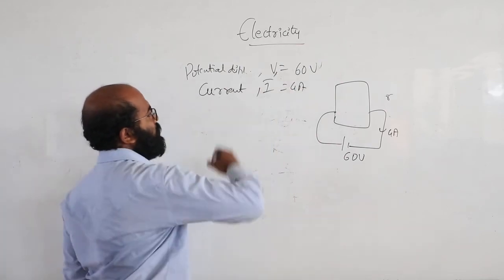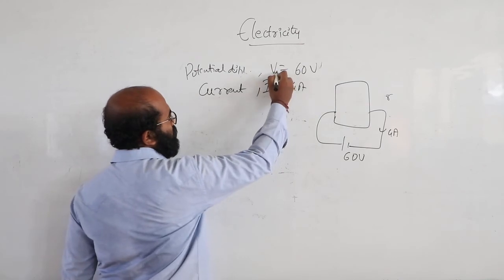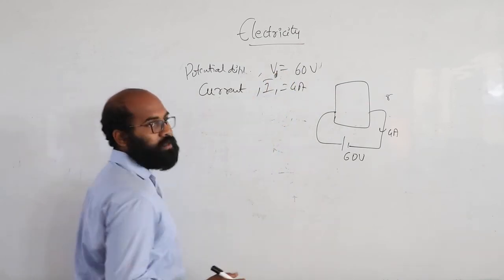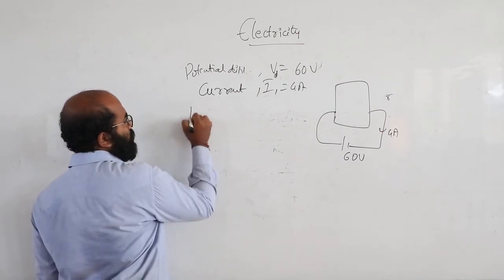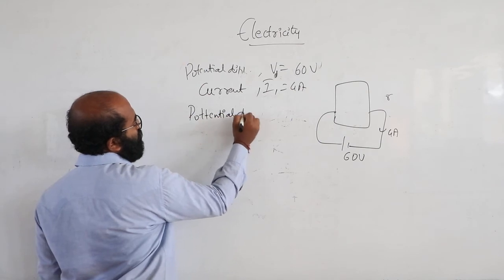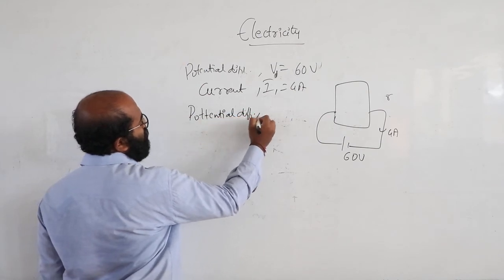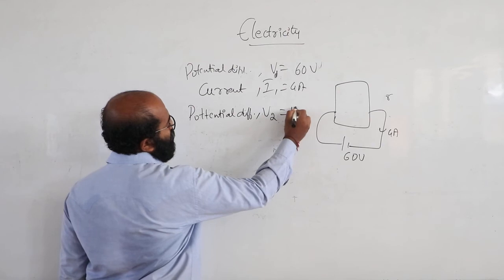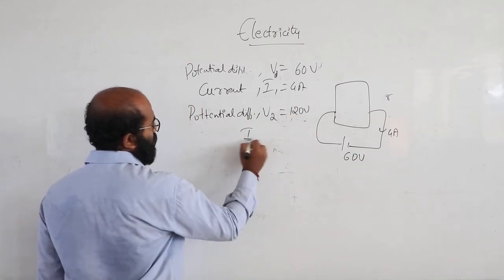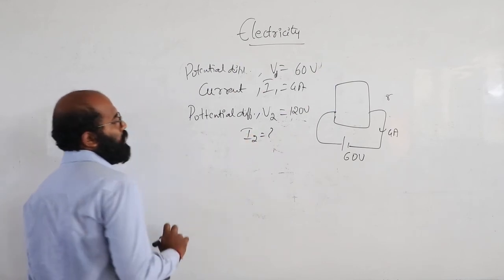So there are two potential differences. Let's consider this as V1 and this as I1, because the current will also be changing. Next, V2, they increase it to 120 volt. We need to find I2, what will be the current.